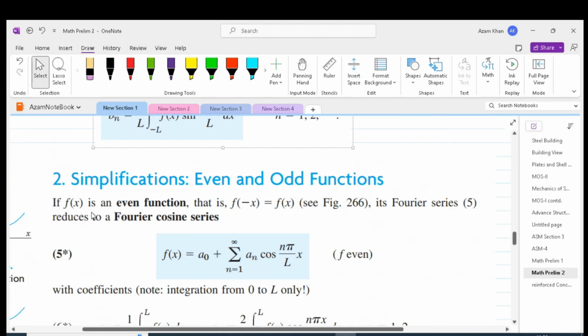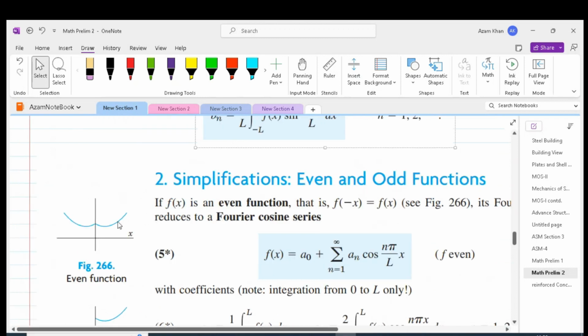An even function is a function in which if we put a negative value, we will get a positive value. In other words, the even function looks something like this. So if we put a negative value of x in this function, we will get the same value. This function is a mirror image of itself, and it keeps on repeating at equal intervals.